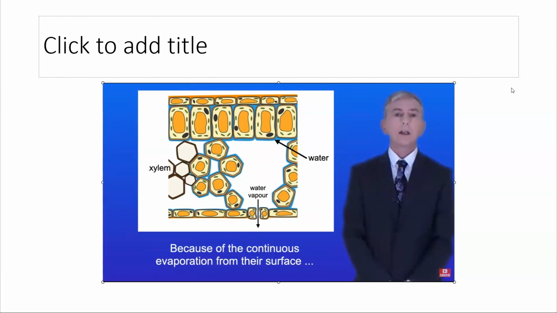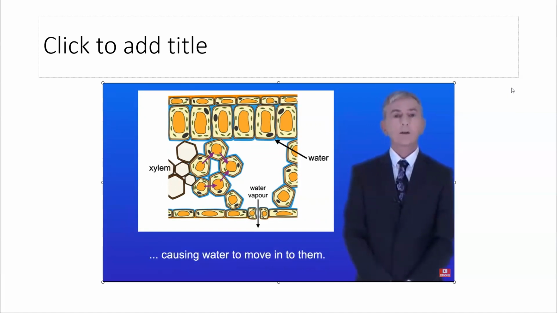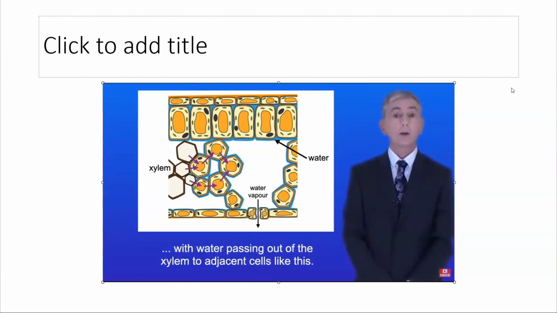Now, because of the continuous evaporation from their surface, the water potential of the cells in the leaf decreases. This causes water to move by osmosis from adjacent cells like this. This now lowers the water potential of these cells, causing water to move into them. At some point, this reaches the xylem, with water passing out of the xylem to adjacent cells like this.